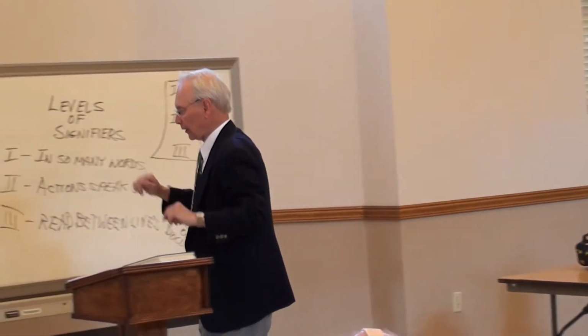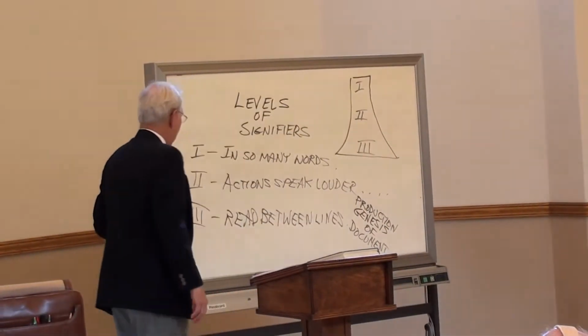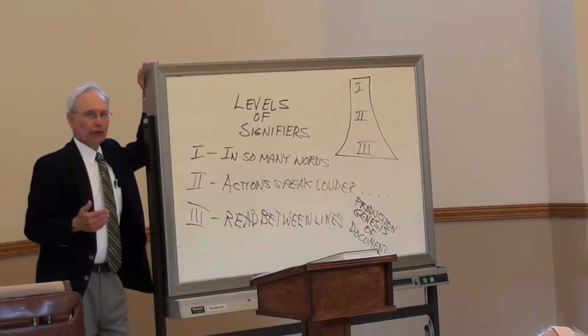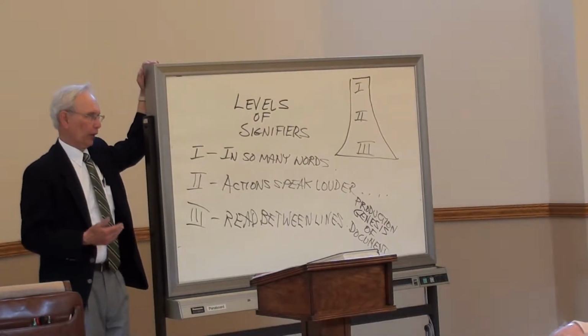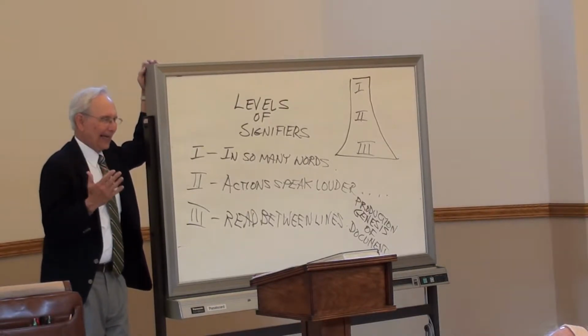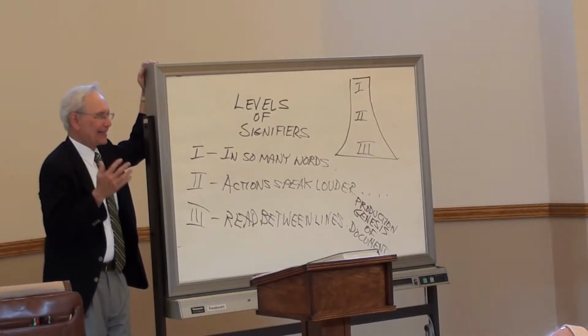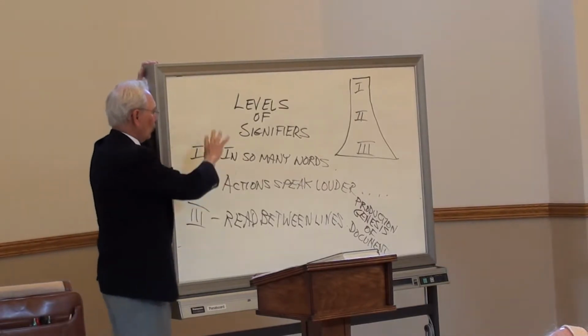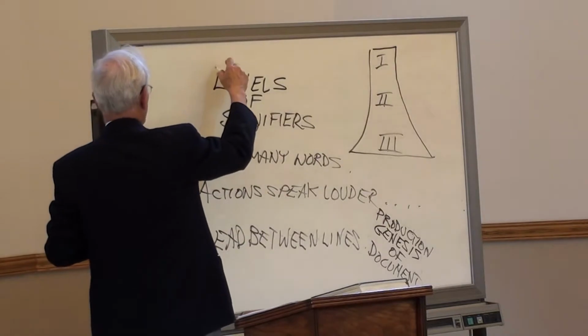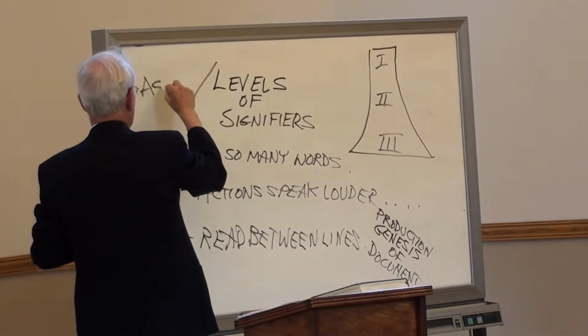All right, second. One place I always have difficulty with seminarians when I talk about this is that they mistake, and this is why I don't like really to use the word levels. I use that very early on as I talk about it.